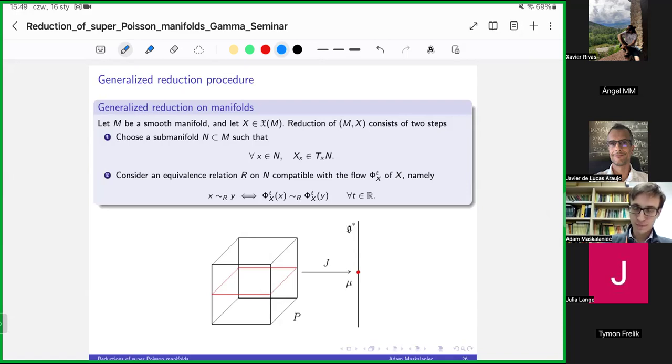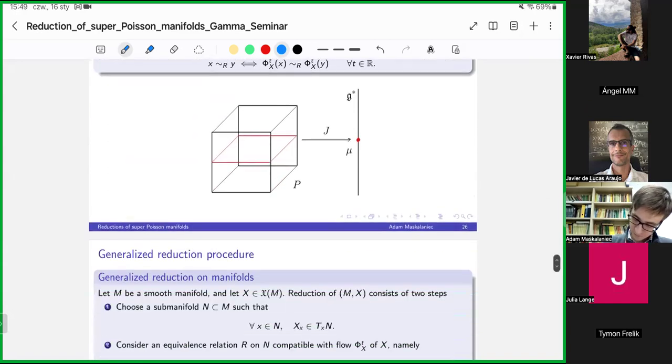So reduction of such a system consists of two steps. At first, we may choose a submanifold N such that X at any point of this submanifold N is tangent to this submanifold. So the flow of X leaves this submanifold invariant.